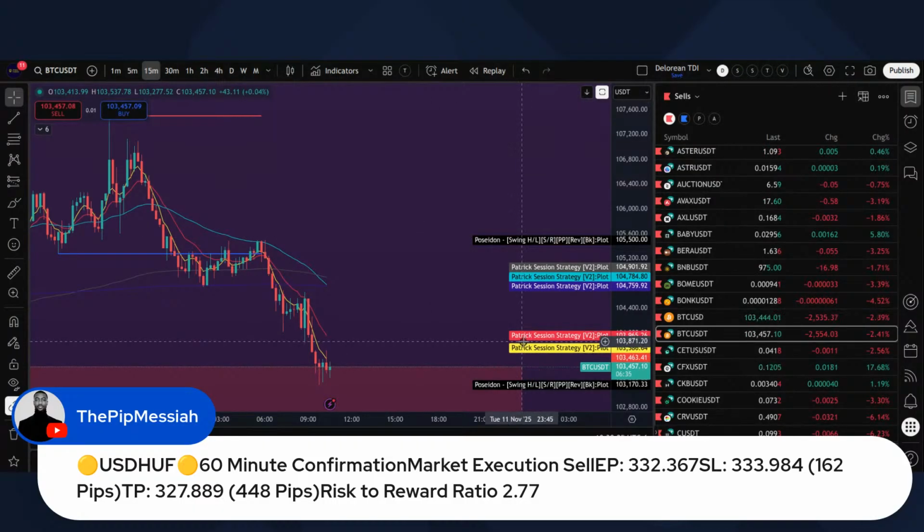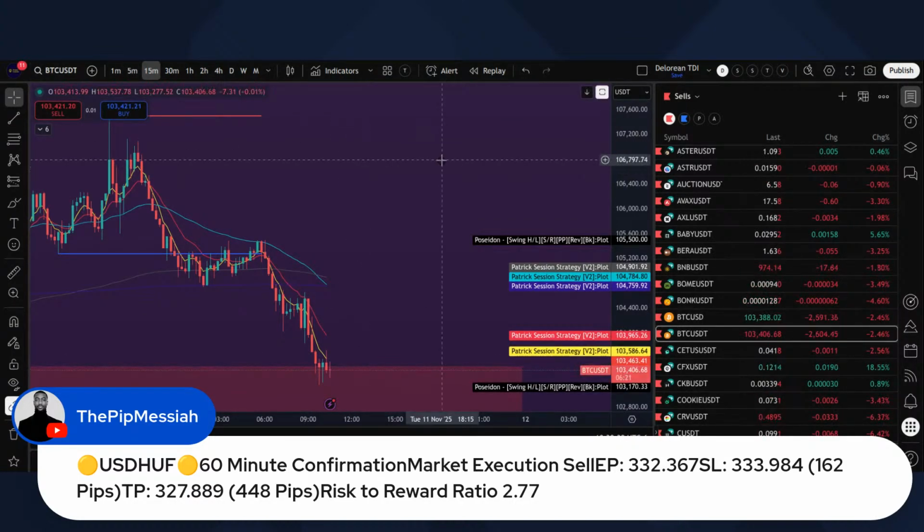The 13 EMA, the red, is the power of the buyers in the market. The yellow, the 5 EMA, is the power of the sellers. Over time, these sellers are acquiring more power over Bitcoin, even on the 15-minute. We know it's that way in every higher time frame.